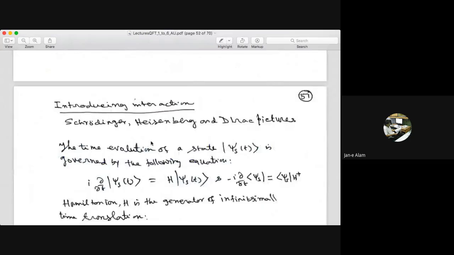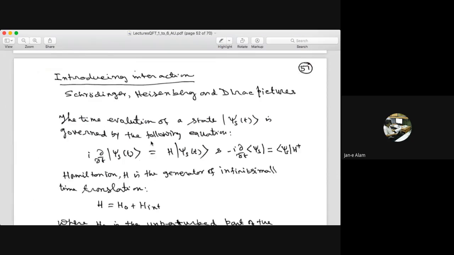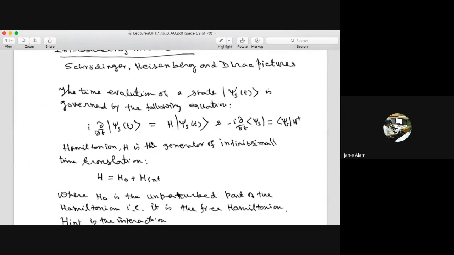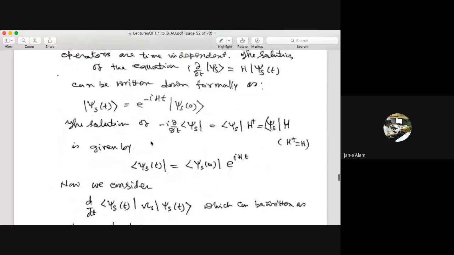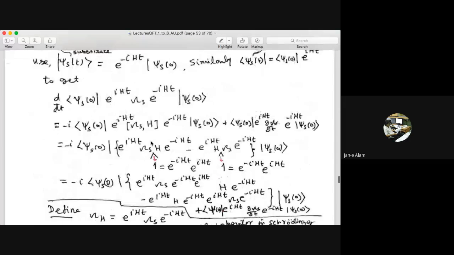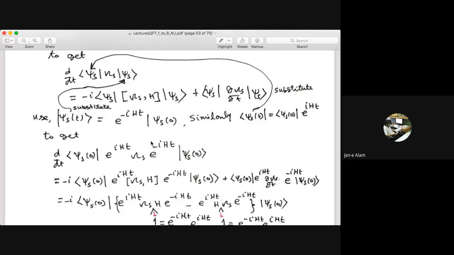Now after that, we discussed the Schrodinger, Heisenberg and Dirac pictures. This part I hope is understandable to you because I discussed it in detail yesterday. The argument we have given here is that we only need to know the evolution of the operators due to the interactions, because we want to understand the system when it is interacting.